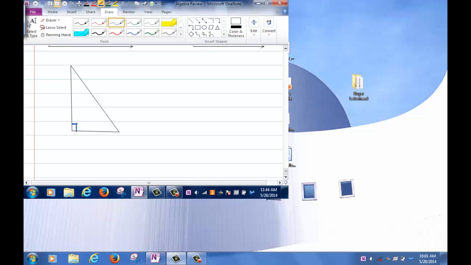Let's say this side has length C, this side has length A, this side has length B. Then what is the Pythagorean theorem? The Pythagorean theorem is C squared is A squared plus B squared.